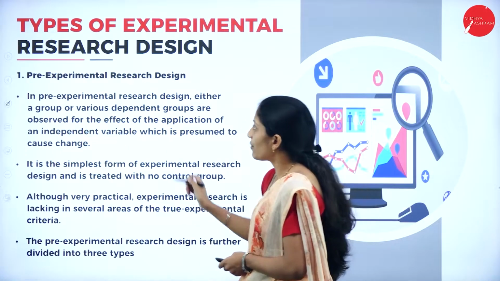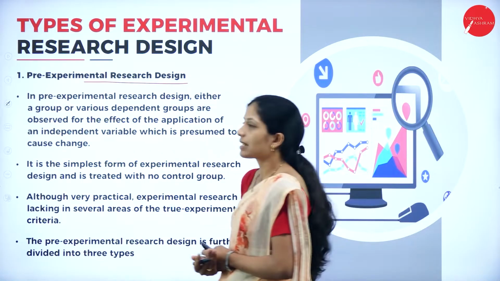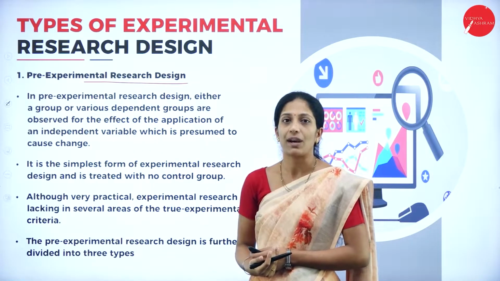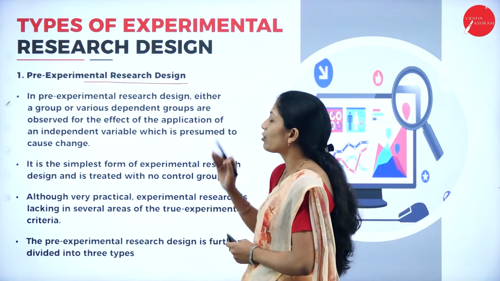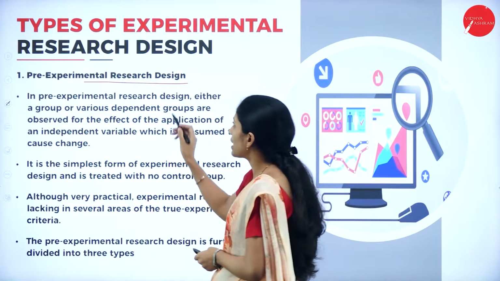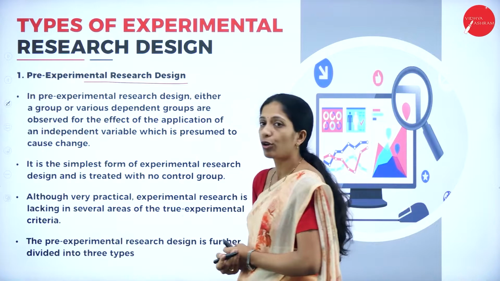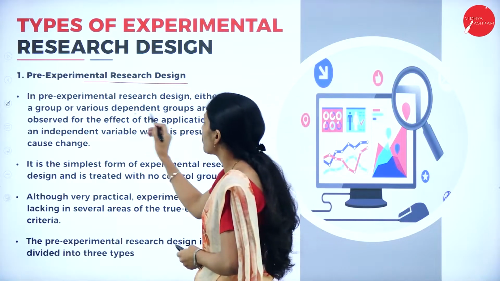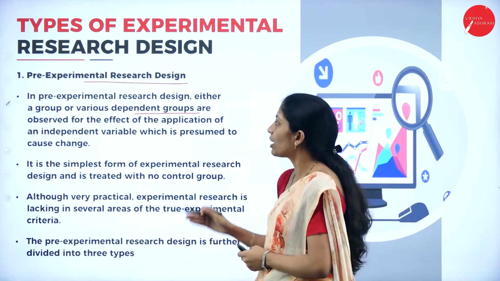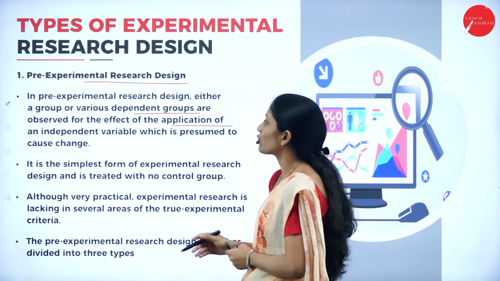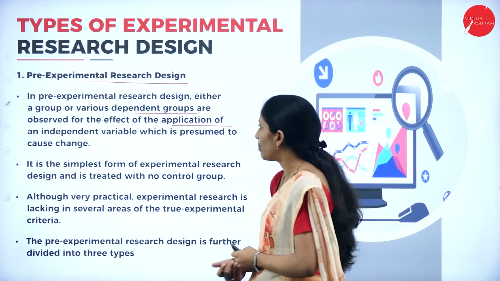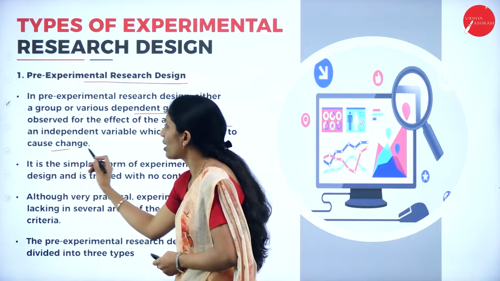Coming to the first one, pre-experimental research design. What do you mean by that? Here you have to remember, in pre-experimental research design, either a group or various dependent groups are observed for the effect of application of the independent variable, which is presumed to cause change.